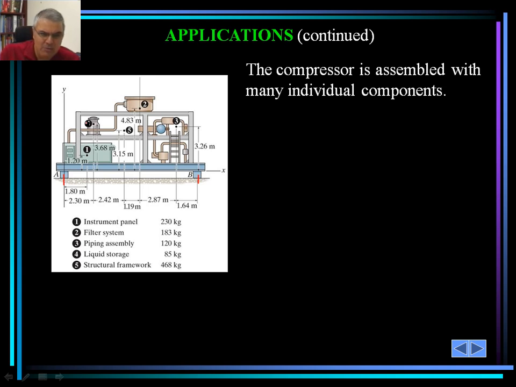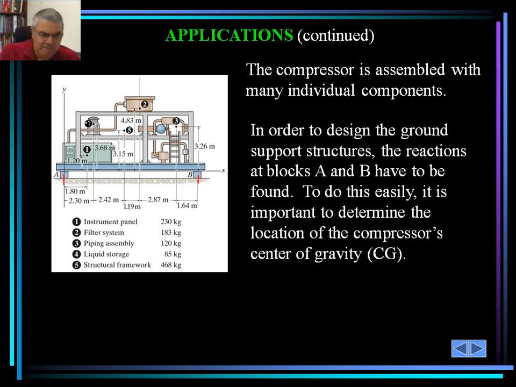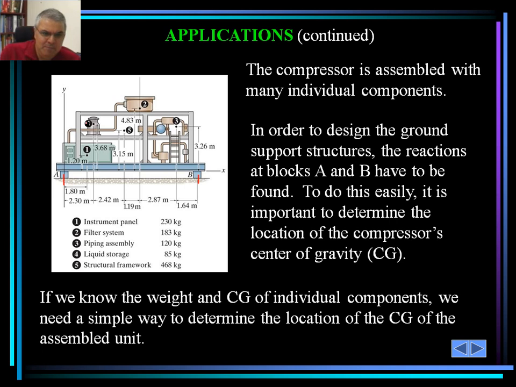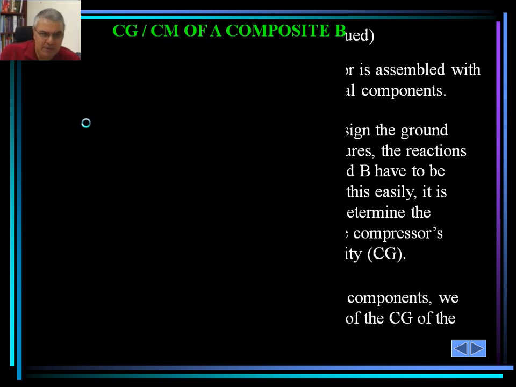So the question is, how can we determine the center of gravity of the entire assembly? Because it is very important in calculating the ground for the support structure. We definitely need to know the reactions at A and B. So if we know the center of gravity of each individual component, it would be nice to have methods that we can use to calculate the center of gravity of the entire structure, the entire assembly.